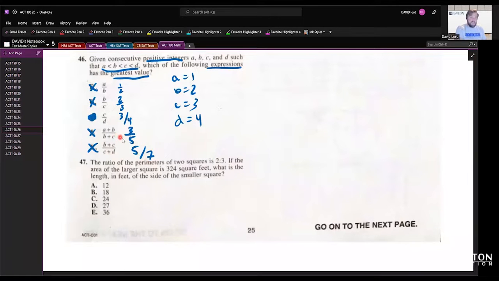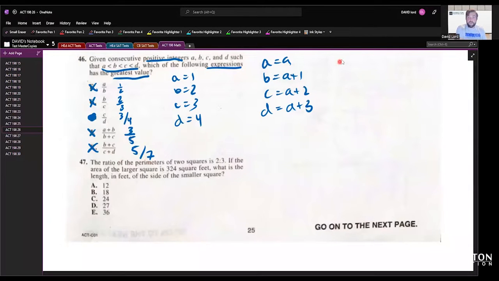If you want a much longer approach, there is one. So algebraically, we could say that A is A, B is A plus 1, C is A plus 2, and D is A plus 3.